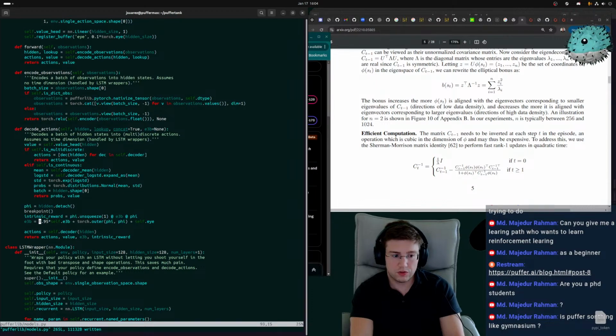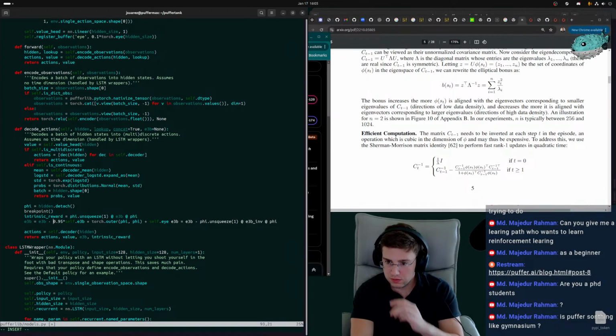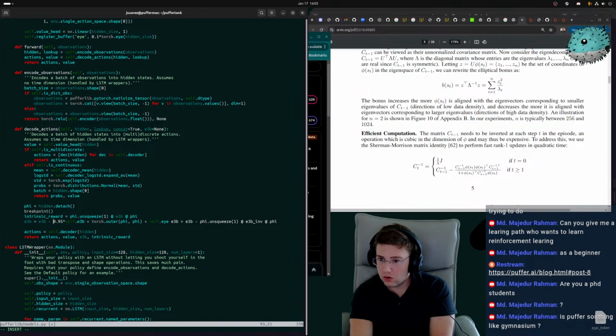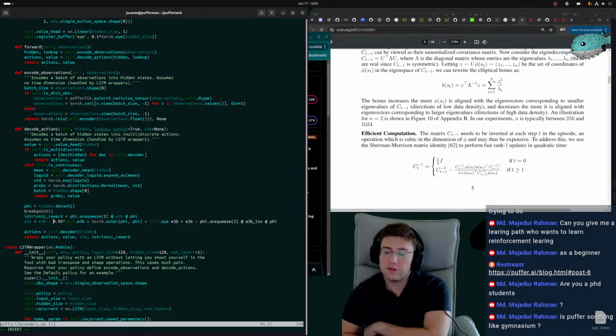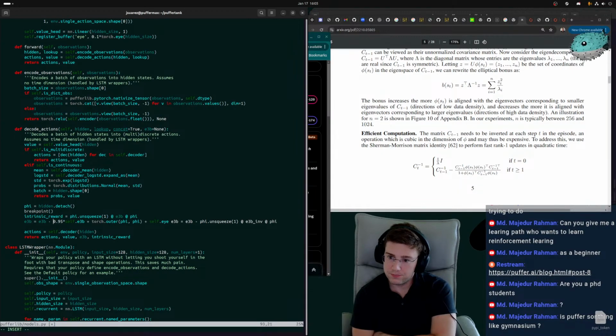And then we have to do this update to E3B, which is going to be E3B minus, holy hell. What's the most efficient way to implement this thing?